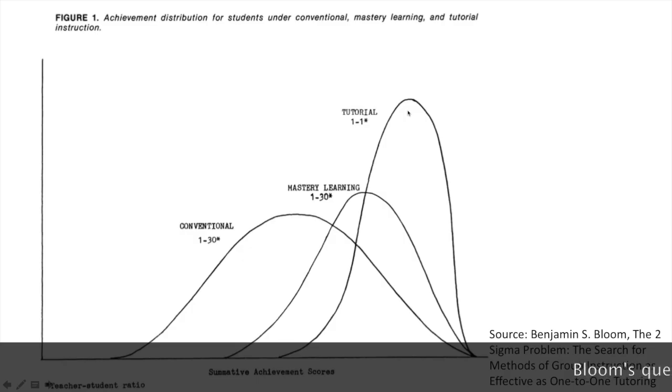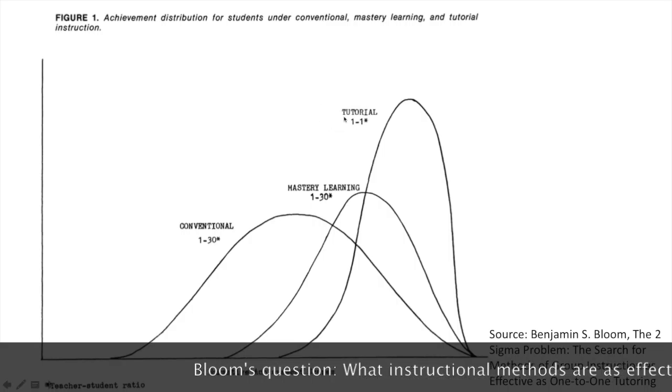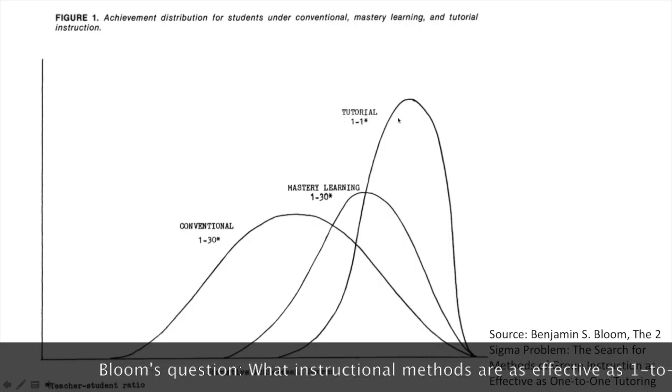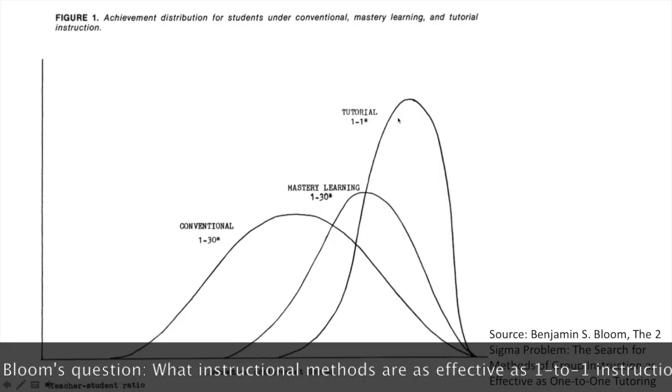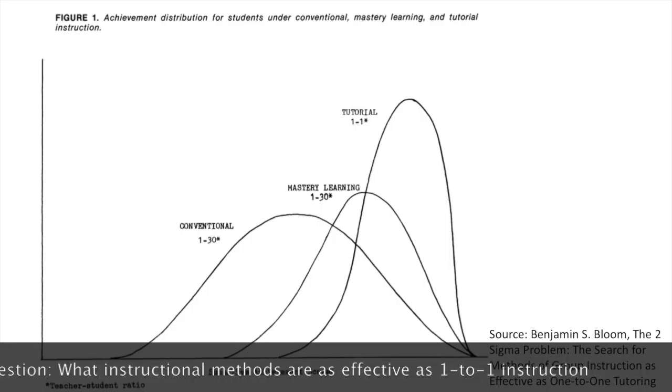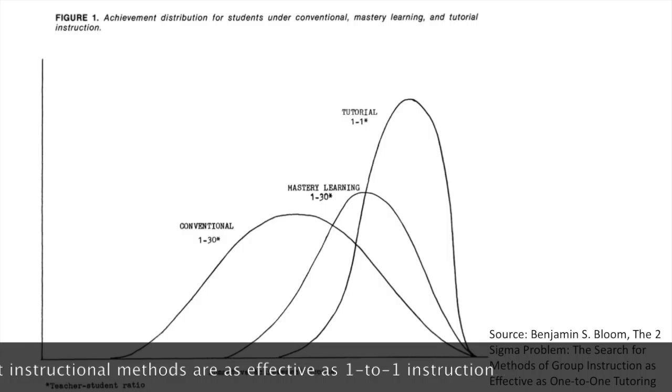So how can we do this? How can we change our teaching to facilitate other strategies or even an increase in one-on-one instruction? And that's his 2 sigma problem, and he set out for many years to research how something like this could be done.